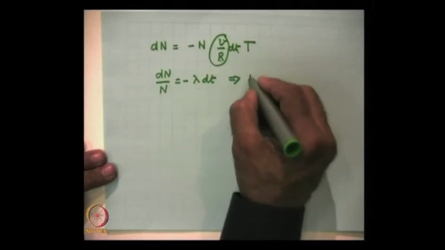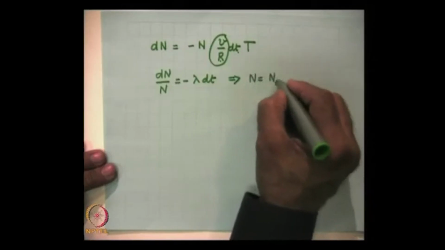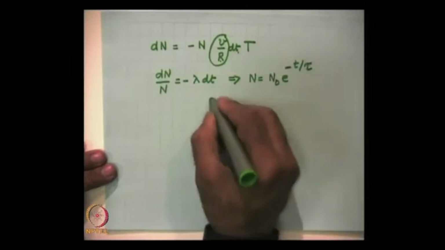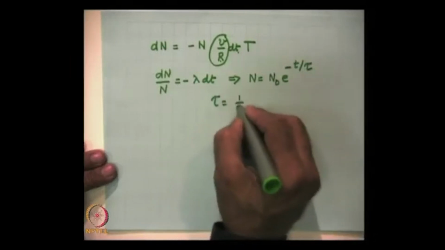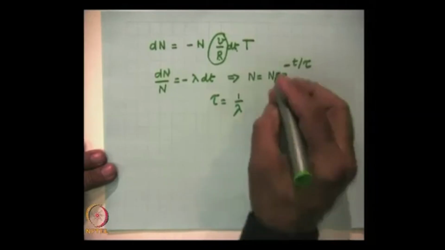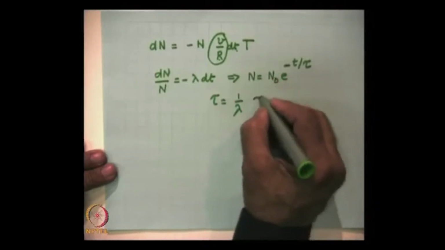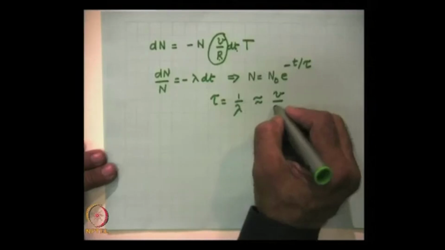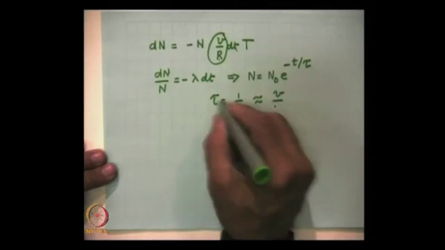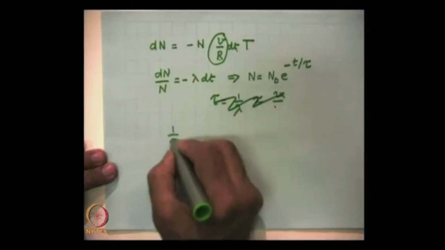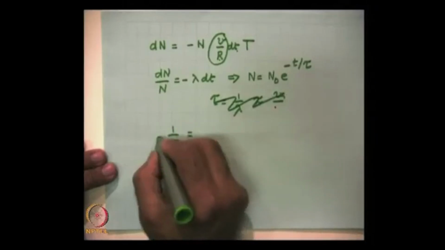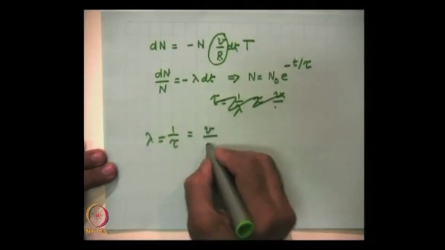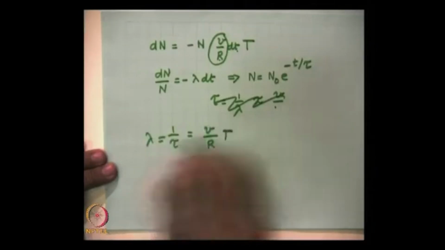This will give me n equal to n0 e to the power of minus t by tau, where tau is equal to 1 over lambda. This is the radioactive decay law, and 1 over tau is equal to lambda, which is V by R times T.